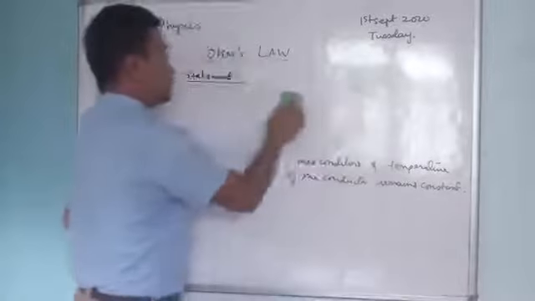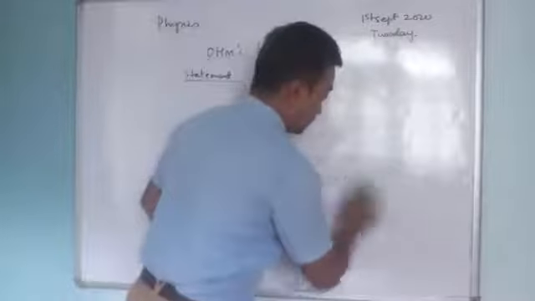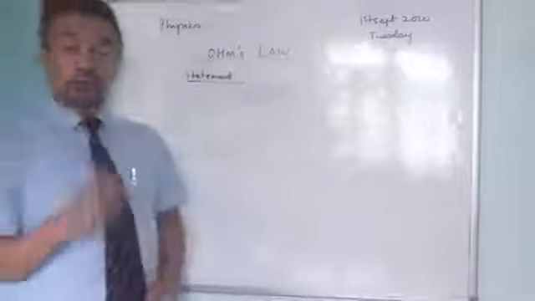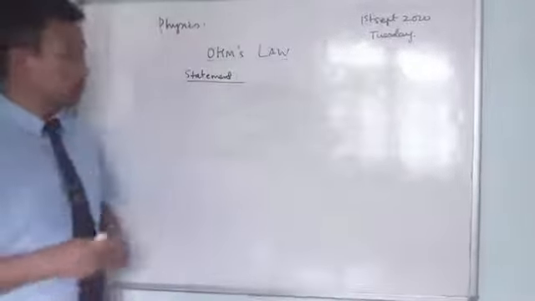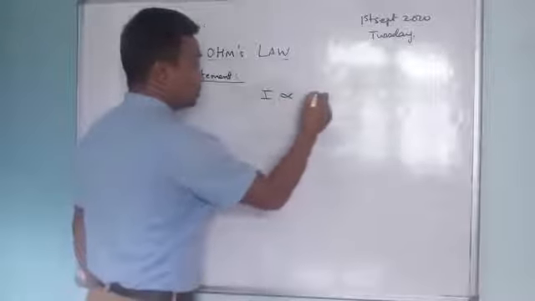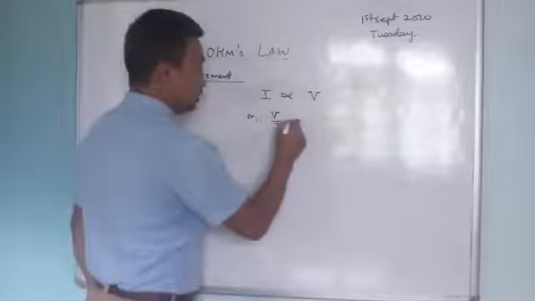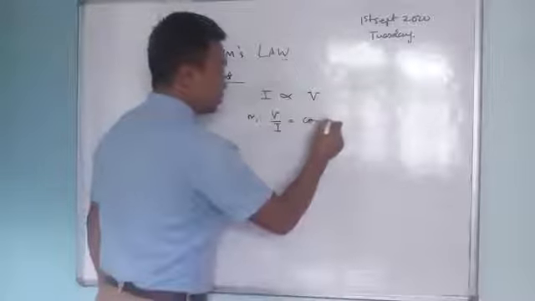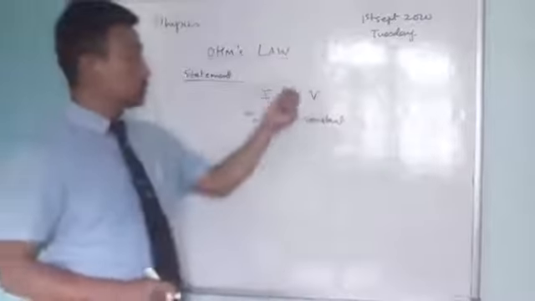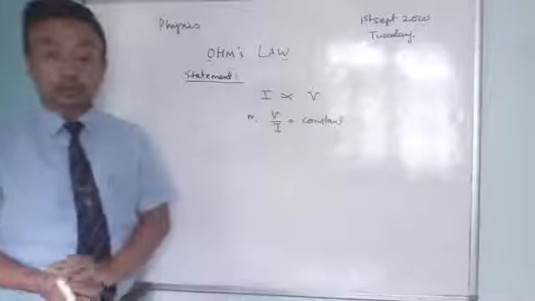Let us come to the last term that we were studying in the previous class, resistance. Resistance was the obstruction offered to the flow of current. Now, from Ohm's law, we can also write this as V upon I equals a constant. The directly proportional sign is converted into an equals sign and is replaced with a constant.